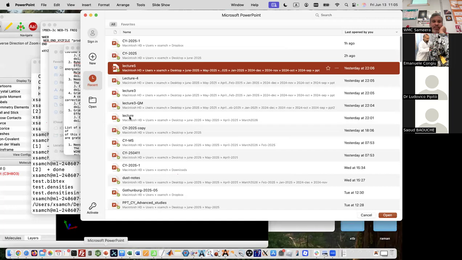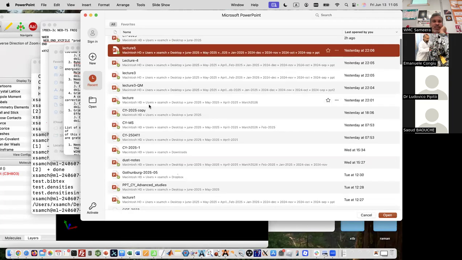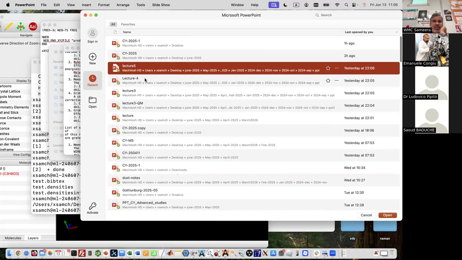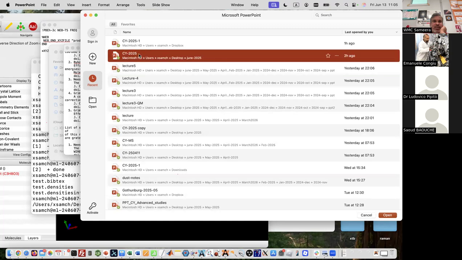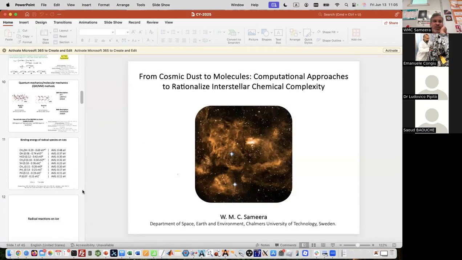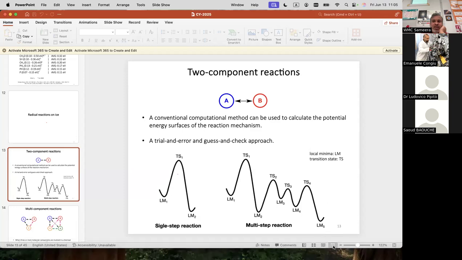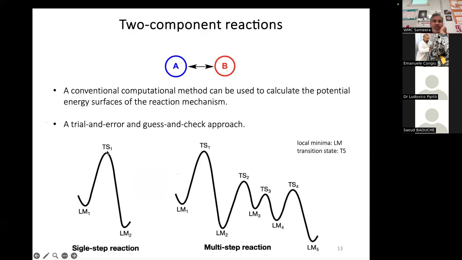Now I will give you a little bit more. Here you basically focused on a reaction as a single step, but some reactions may be multi-step reactions, right?